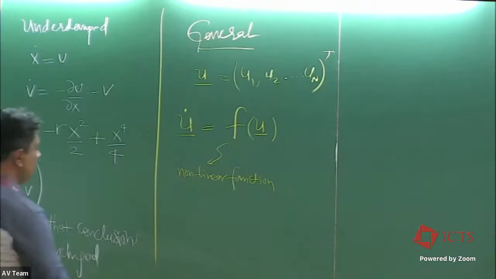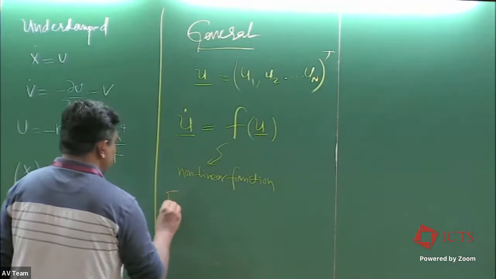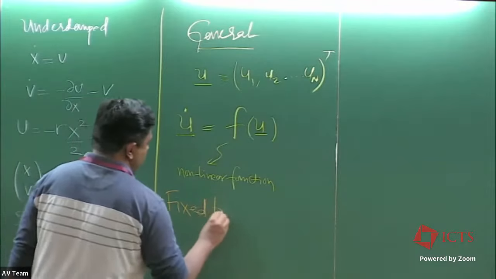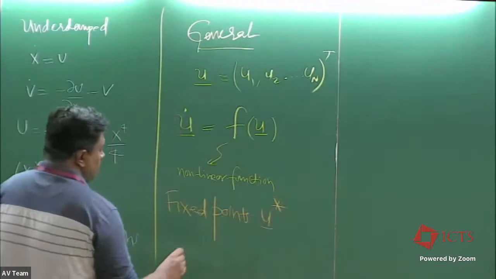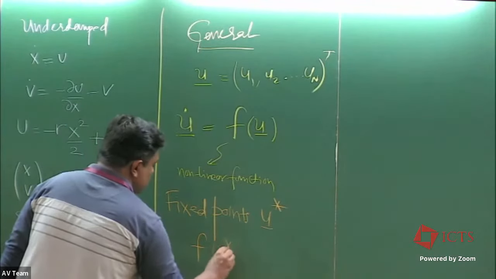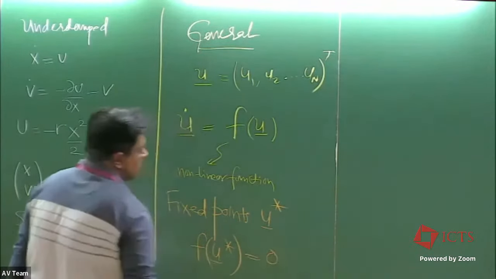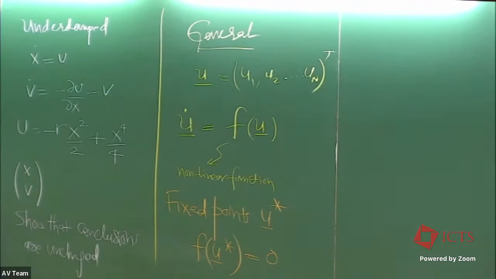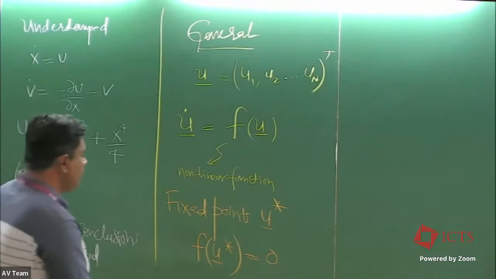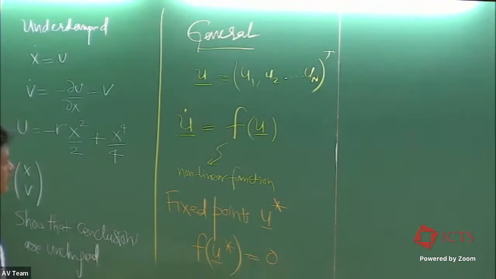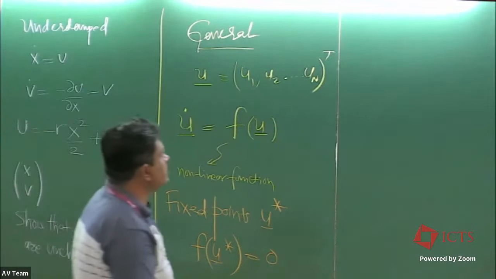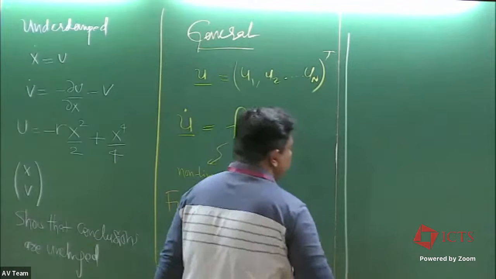And as before, you try to find the fixed points U star that satisfy f of U star equal to 0. So there could be many fixed points, and your job is to find out the stability of each one of them in turn. And you can do that for any arbitrary U star, pick one of the fixed points, and you'll be able to see the setup quite simply.